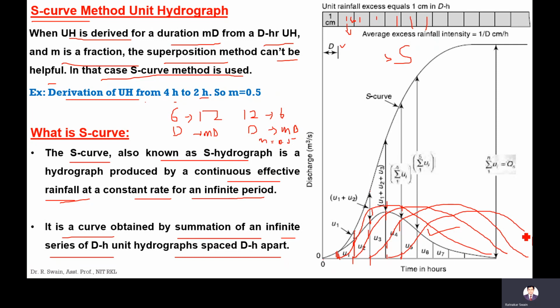If we continue to add the cumulative values, those ordinates will be the S curve.